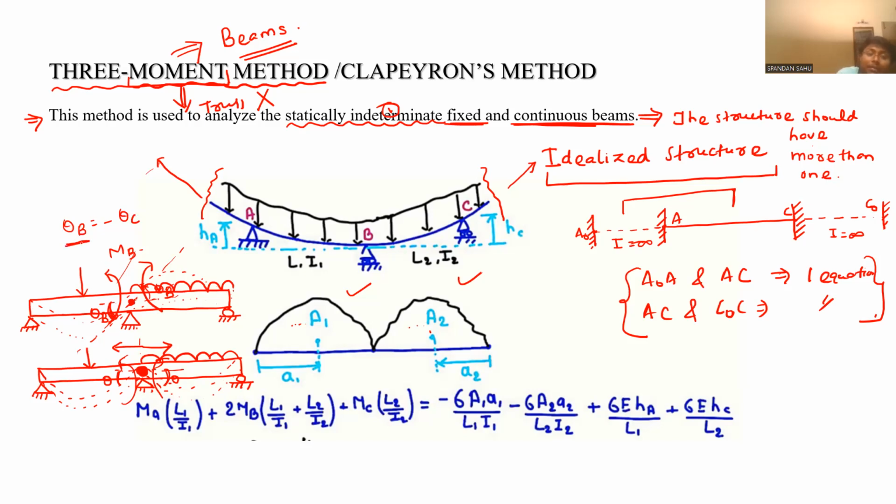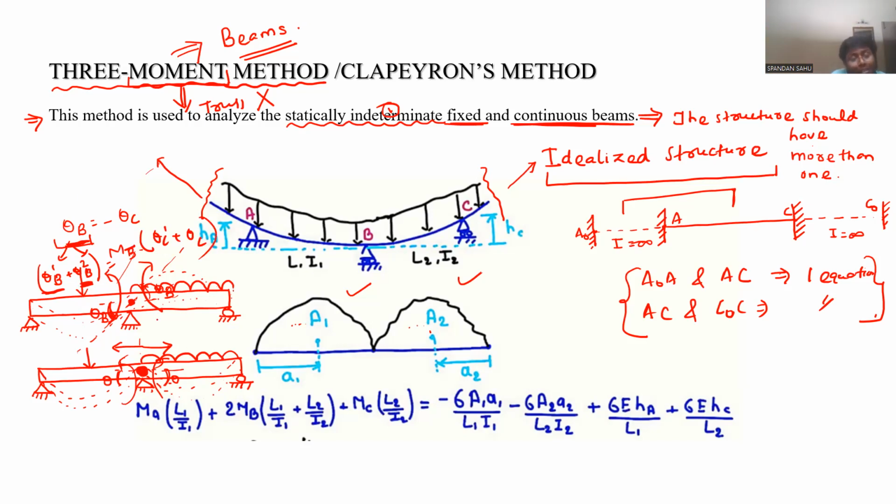This theta b I am telling is with respect to loading as well as with respect to unit moment. If it has two components, theta b1 plus theta b2, where theta b1 is due to external load and theta b2 is due to unit moment, that should be equal to minus (theta c1 plus theta c2).